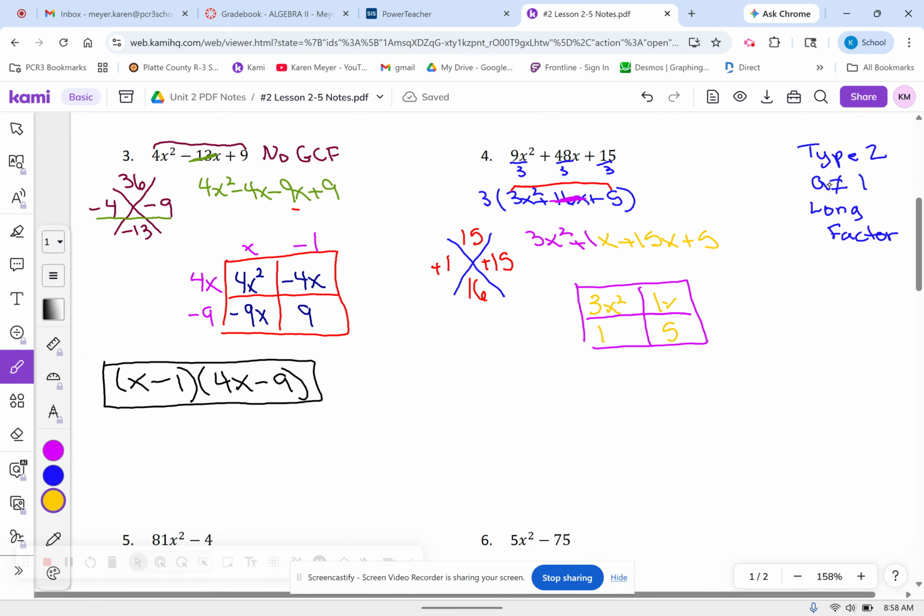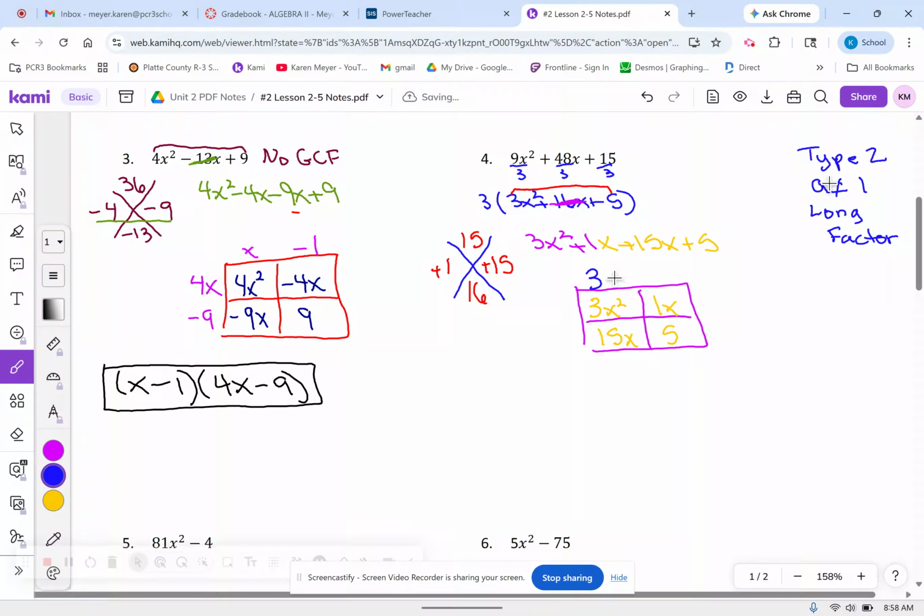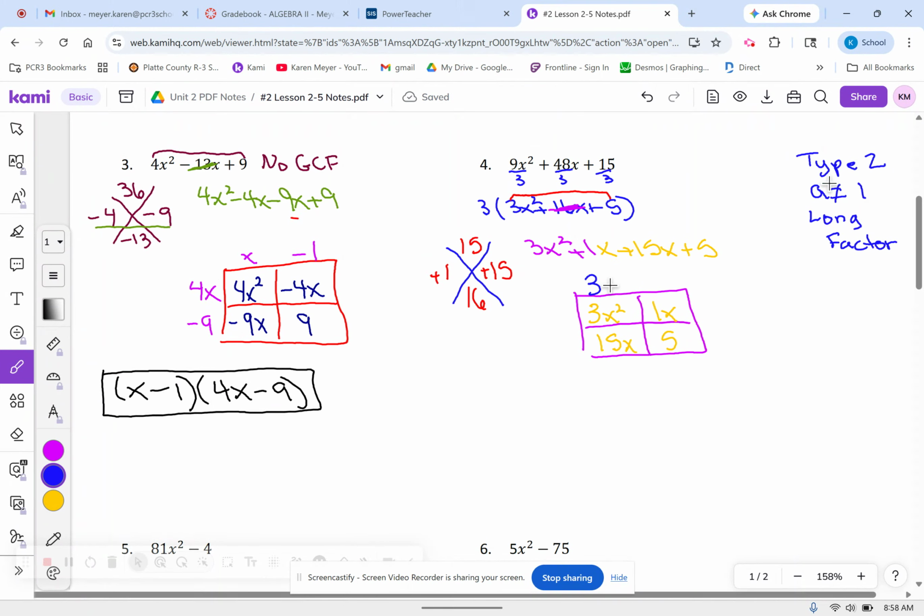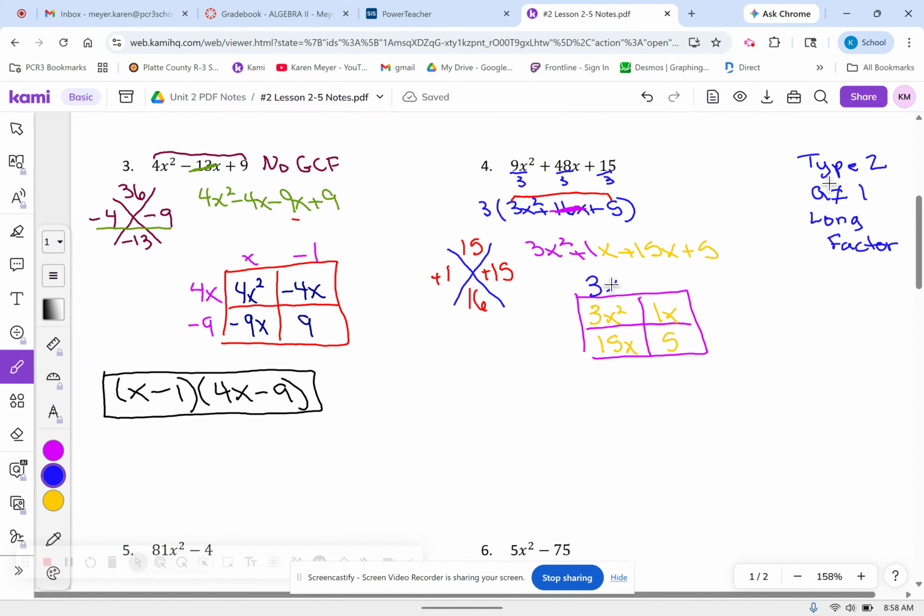Okay. All right, and this is the reason why I wanted to do it this way on this one. Because now if I look up and down, you will notice 3 and 15. 3 and 15 both have a GCF. 3 and 15 are both divisible by 3, and they each have an x. So I didn't want you to think the top was always just an x.